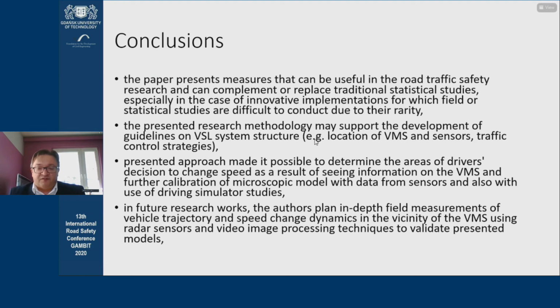These comments equally apply to other services. The elements to be included are the location of the devices, for example, the location of VMS, the location of traffic count stations or generally detection stations, or the strategy of traffic control.